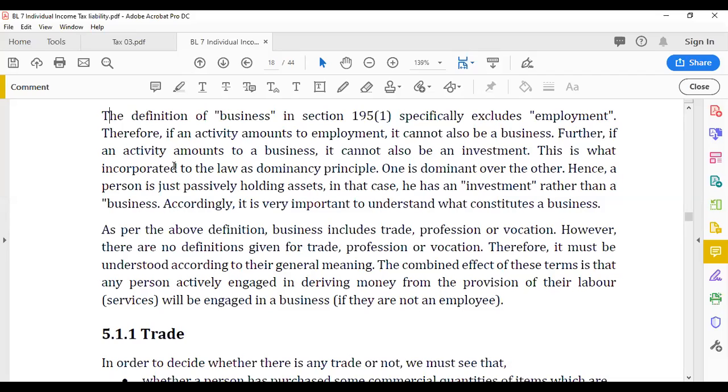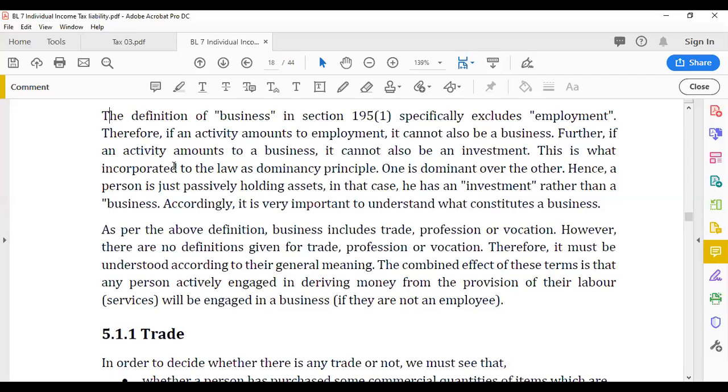Further, if an activity amounts to a business, it cannot be an investment, right? So very clearly you should define whether it's business income. Then you can't take it into employment income or investment income. If you take it into investment income, you can't take it under employment income or business income. This is what is incorporated into the law as the dominancy principle.